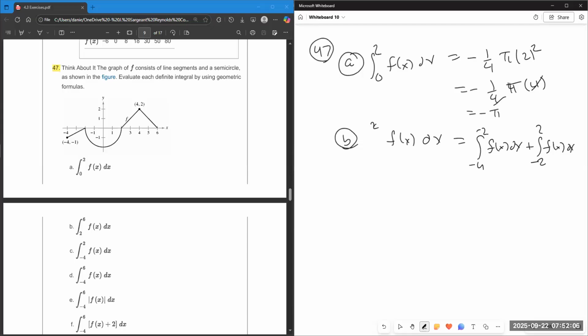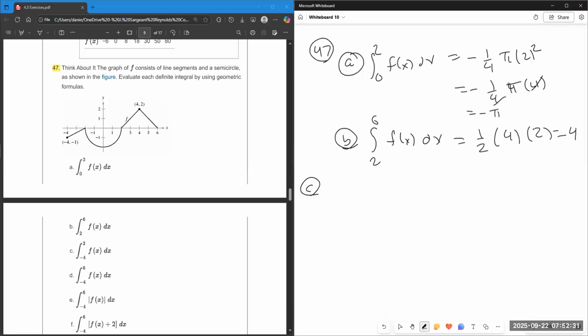This is supposed to be 2 to 6. Not on that problem yet. I'll get to that one in a second. 2 to 6 is this triangle piece right here. So that's going to be 1/2 base, which is 6 minus 2 is 4, times my height, which is 2. 2 times 2 is 4.